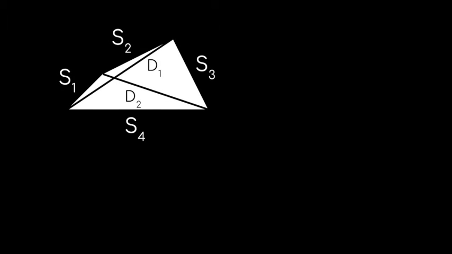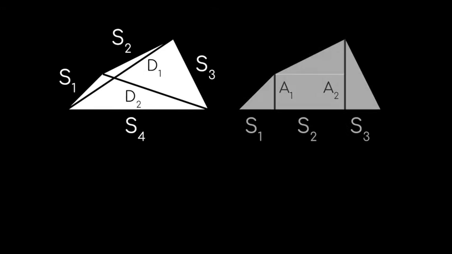Well, one way to do it is just to get all the side lengths and then the diagonals, but that is going to be really hard to find. Just like Heron's formula for the area of a triangle is harder than the normal triangle formula. And we can use the same strategy.